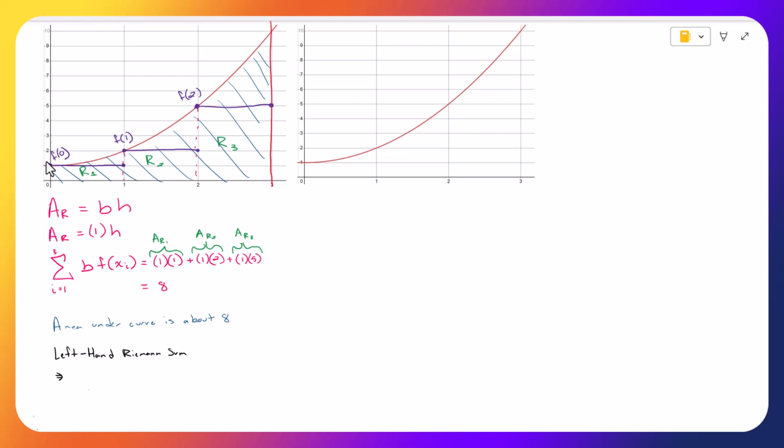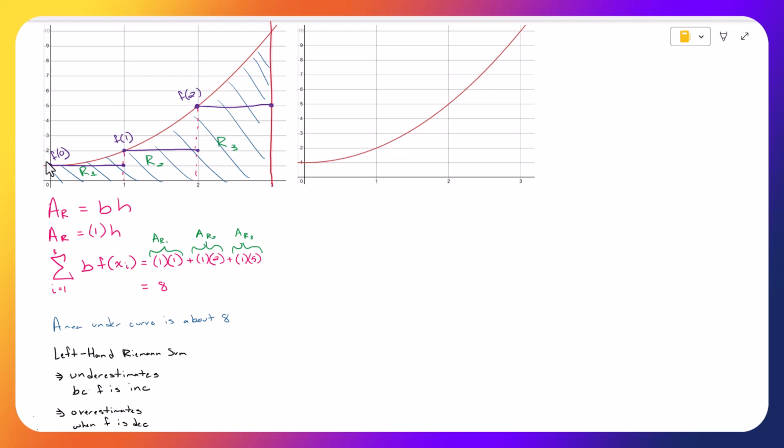So it's underestimating because f is increasing. And if you flip that around, you would also get that it overestimates when f is decreasing. And I will ask you questions about whether our approximation is an overestimate or an underestimate.